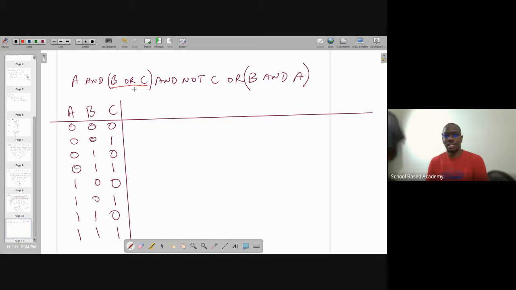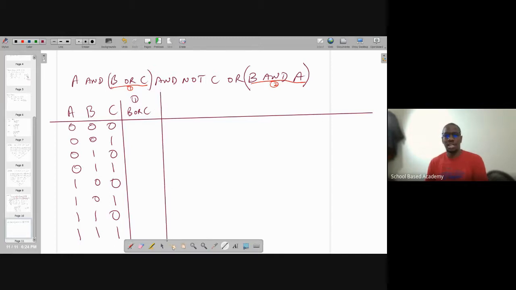So this is 1, and this will be 2. We're doing the brackets first, so we'll end up with B or C in column 1.